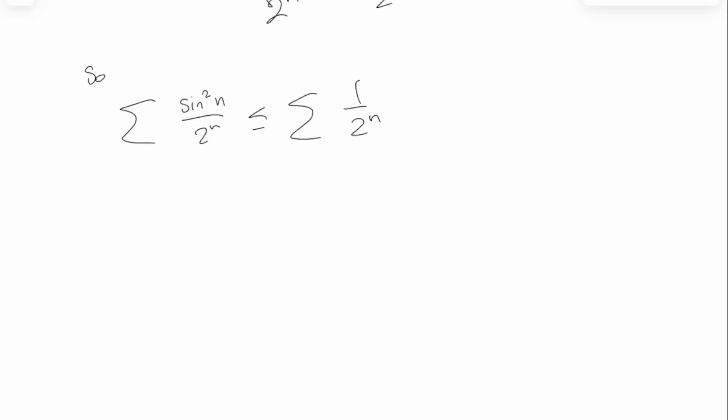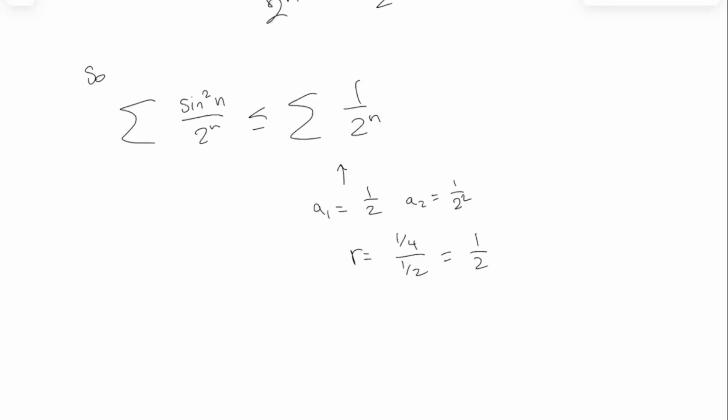If you're not sure, you can just work out the terms here. A1 is 1 over 2. A2 is 1 over 2 squared, right? And then you find r by dividing A2 by A1. It's 1/4 divided by 1/2. That is a half.